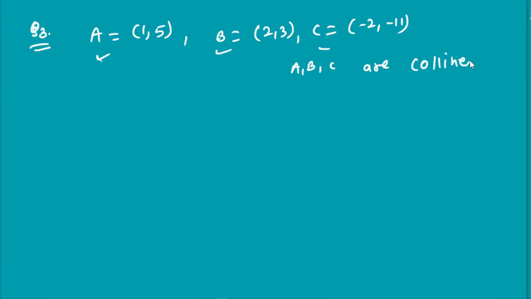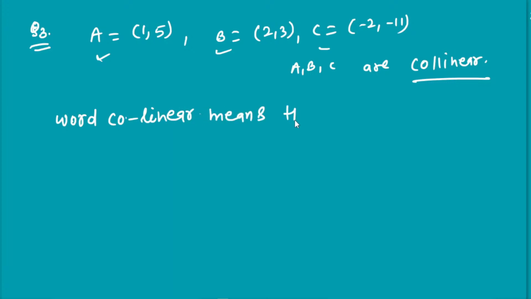So what does the word collinear mean? When I say collinear, it means that all 3 points lie on the same line, a single line.